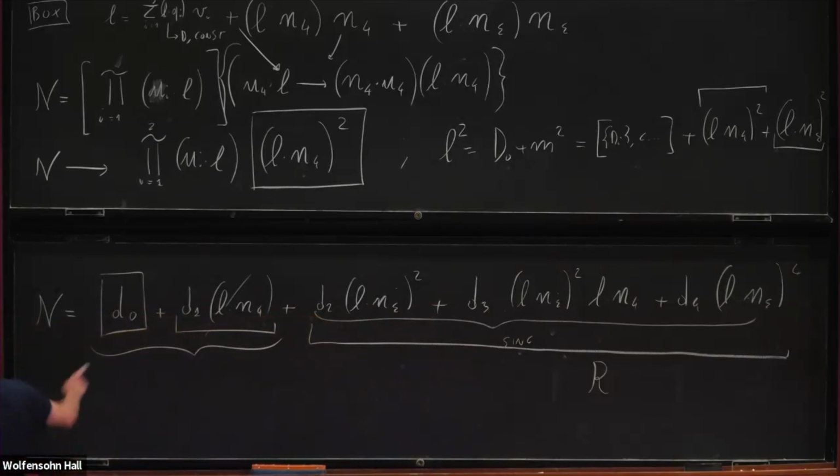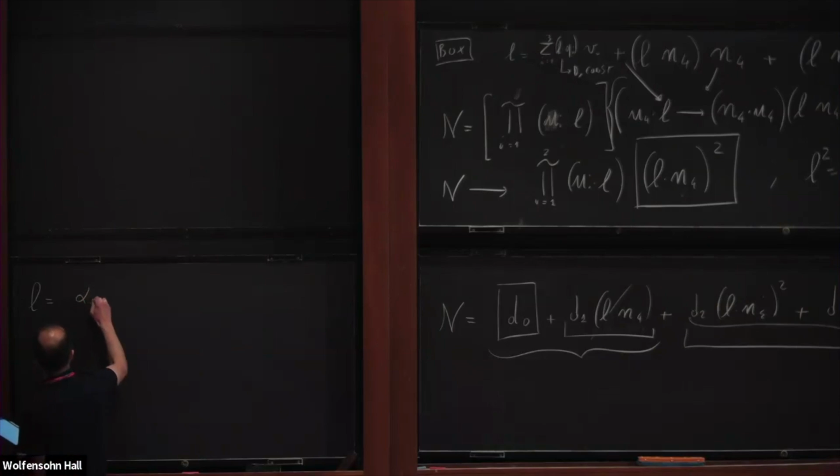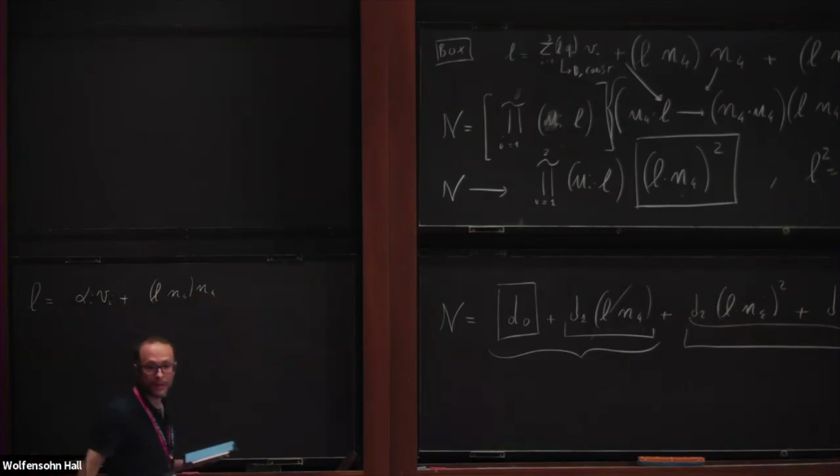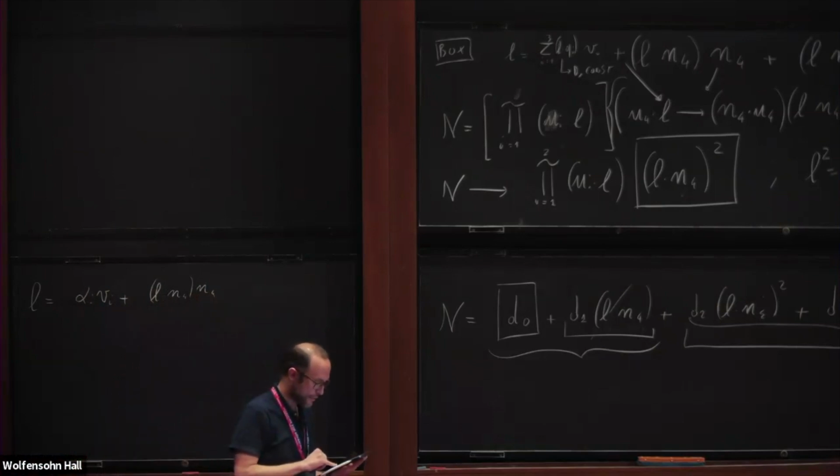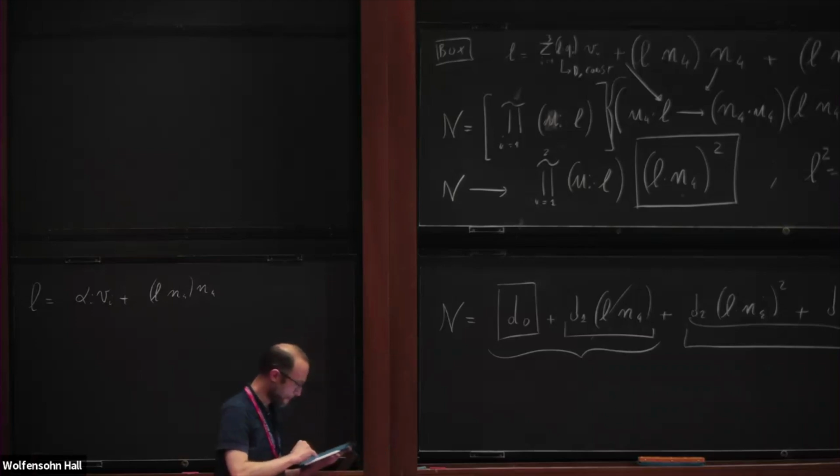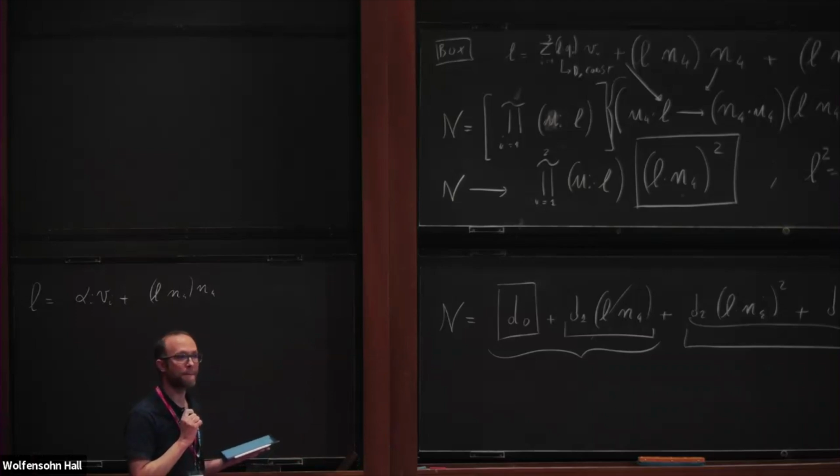Well, I have that L is alpha_i v_i plus basically L dot n4 n4, and I forget the epsilon dimensional part, because for the epsilon dimensional part I will take care of it separately, and I think it's completely separate.